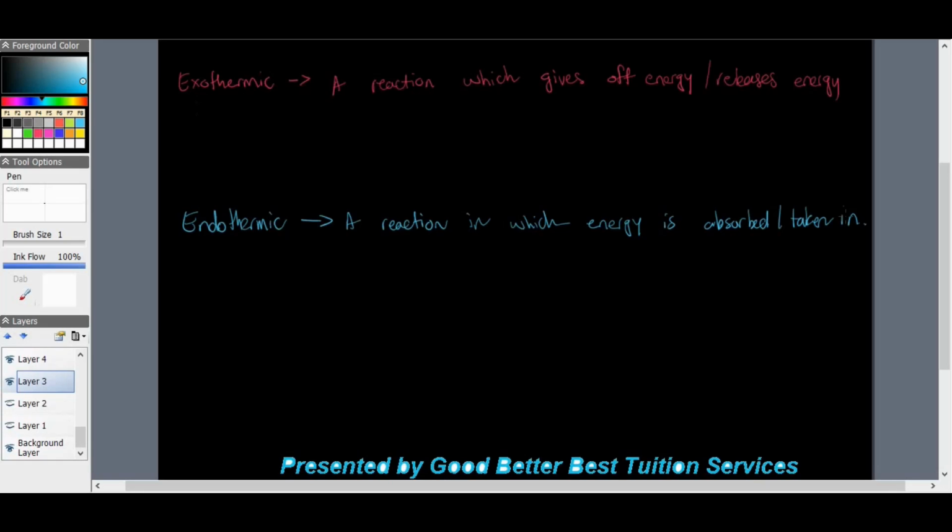Kaboom, that's an exothermic reaction. Energy is released. Then your endothermic reactions: that is when your reaction absorbs the energy, and energy will only be released if new bonds are formed. Only then will it be released, but the absorbing of energy outweighs the release of energy.